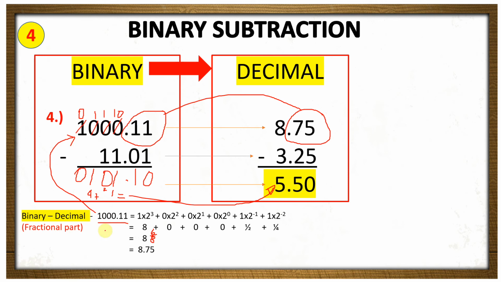Okay, so just simply write the 1 here, this one, times 2 raised to the power 3. Next, starting from 0 actually here, from the decimal point, you are going to count 0. So here, the exponent is 0, then the next exponent is 1, the next exponent is 2, the next exponent is 3.